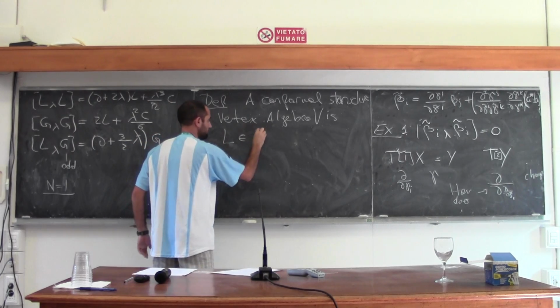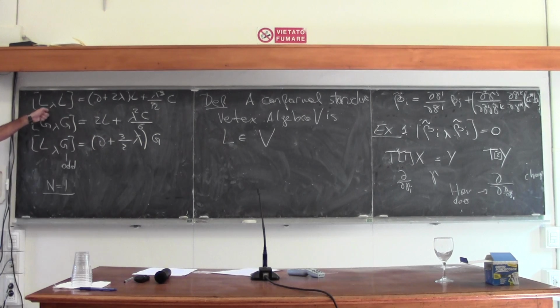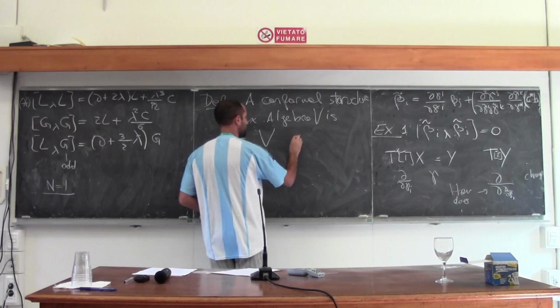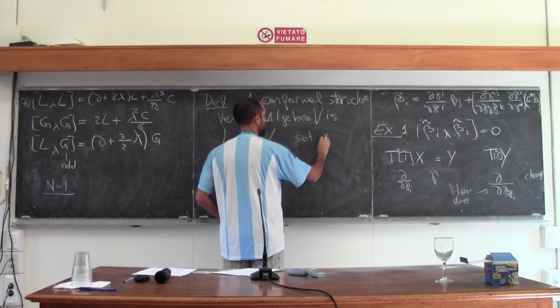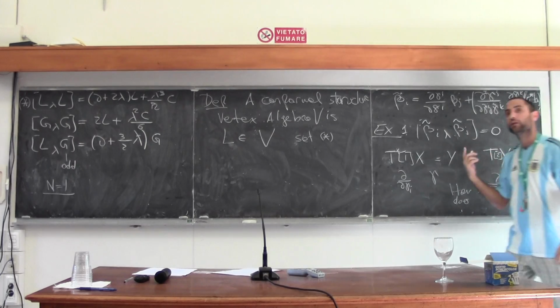So it's a vector, just L inside of V, one vector that satisfies these commutation relations, that satisfies star. So this means it commutes like Virasoro, plus one extra condition.